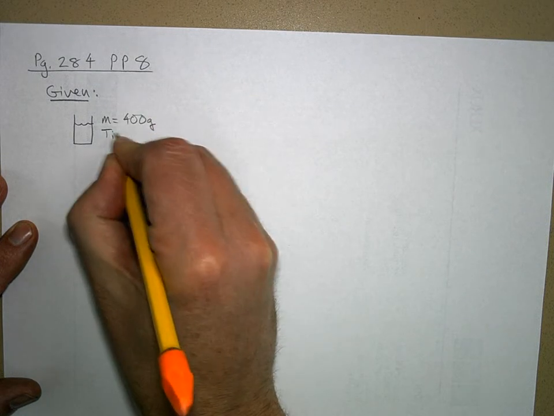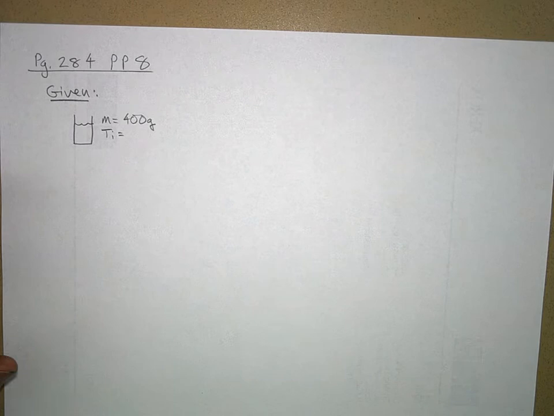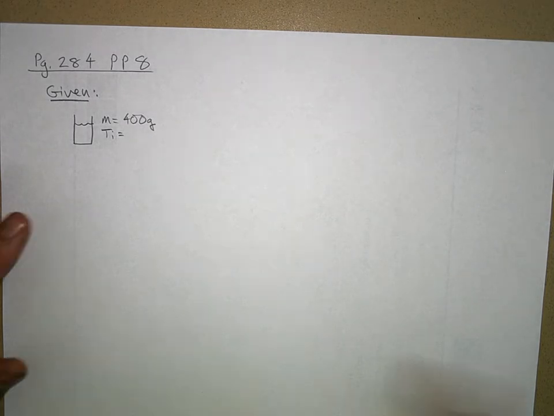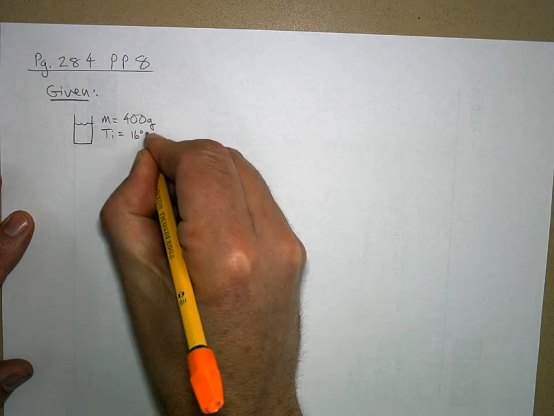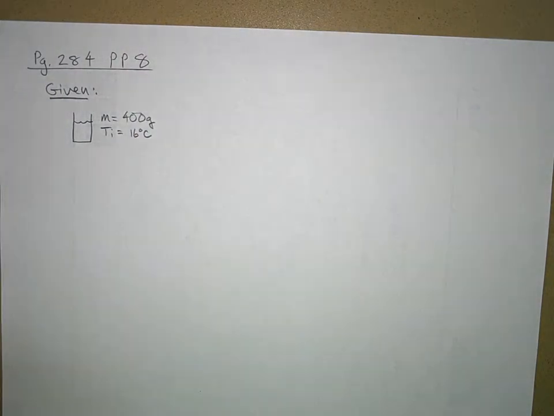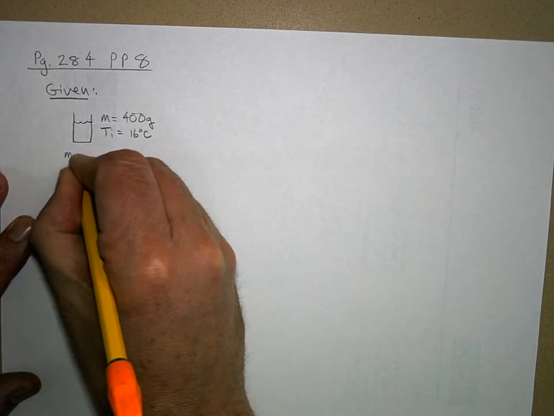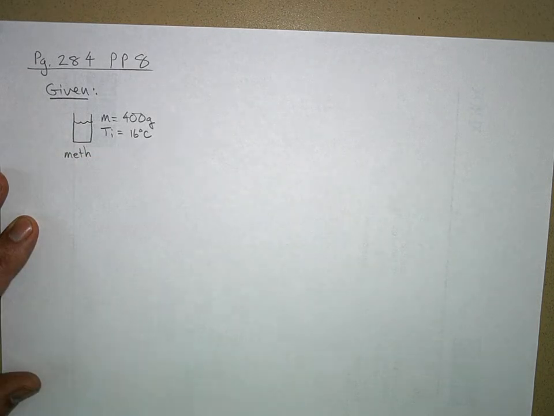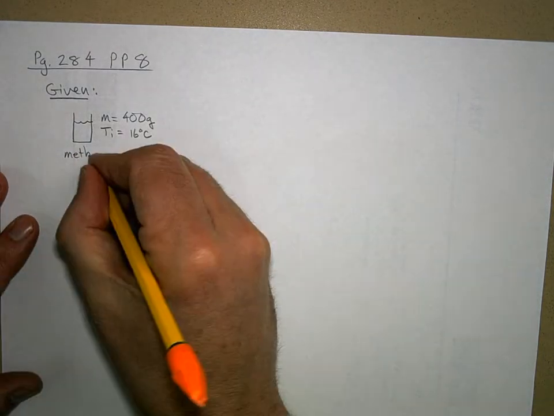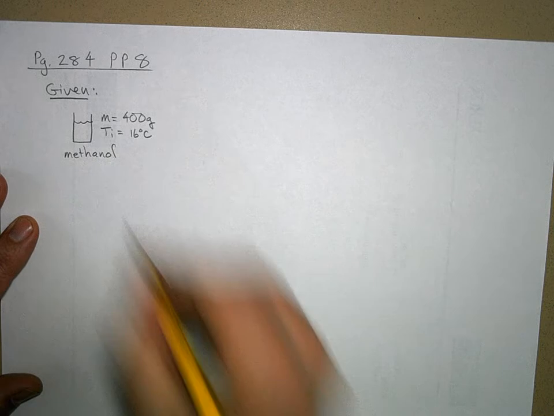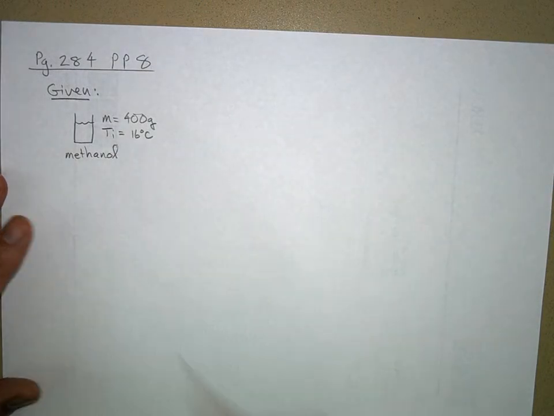The initial temperature of this was given to be 16 degrees Celsius. And it's methanol. And for methanol, you need to know the specific heat capacity of methanol.